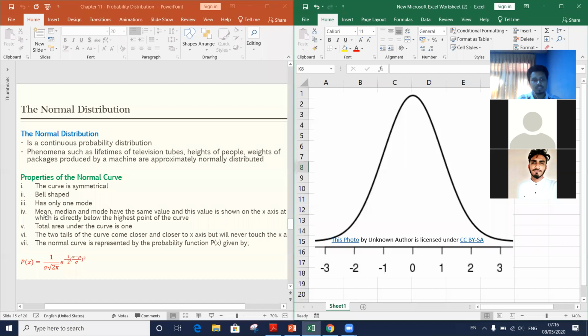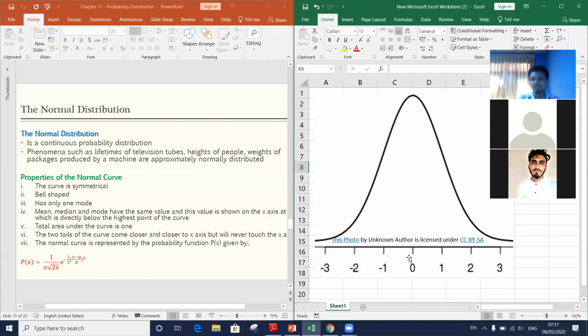And the fourth point, mean, median and mode have the same value, and this value is shown on the x-axis, which is directly below the highest point of the curve, right? මෙතන තමයි highest point එක. එහෙනම් මෙතනට අදාළ මෙන්න මේ value එක තමයි අපේ distribution එකේ mean එක වෙන්නේ, median එක වෙන්නේ, mode එක වෙන්නේ. එහෙනම් normal distribution එකක mean එකයි, median එකයි, mode එකයි සමානයි, right?